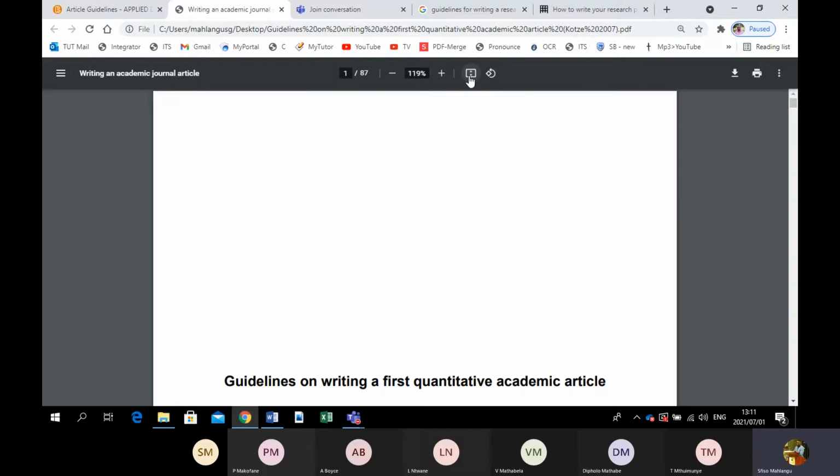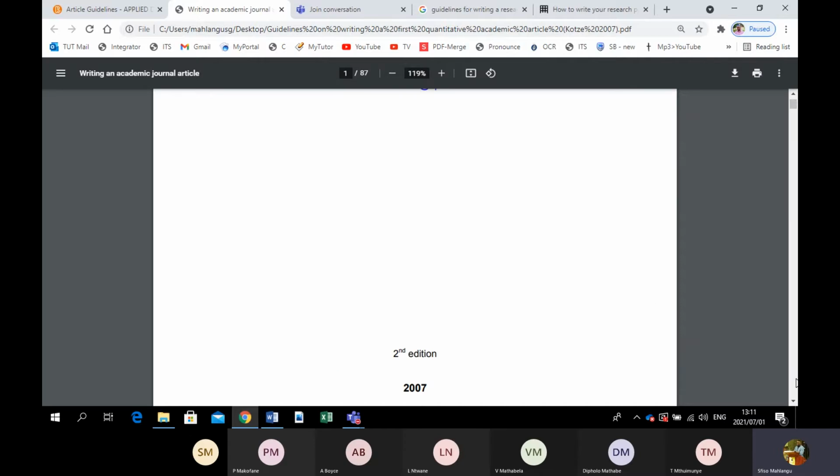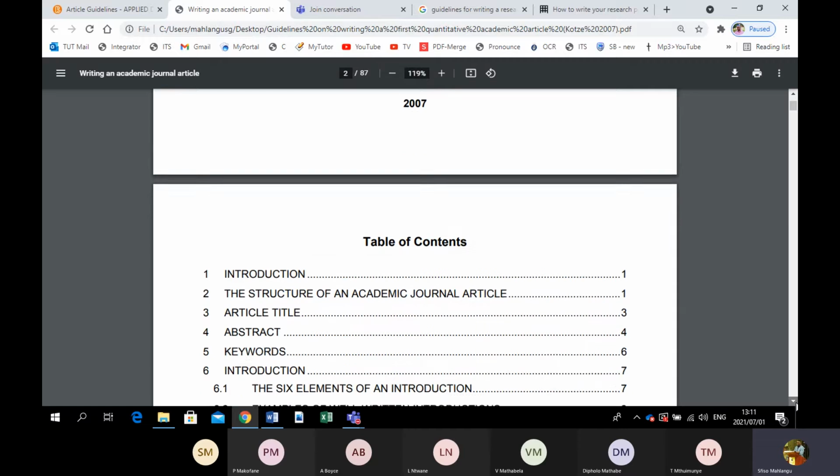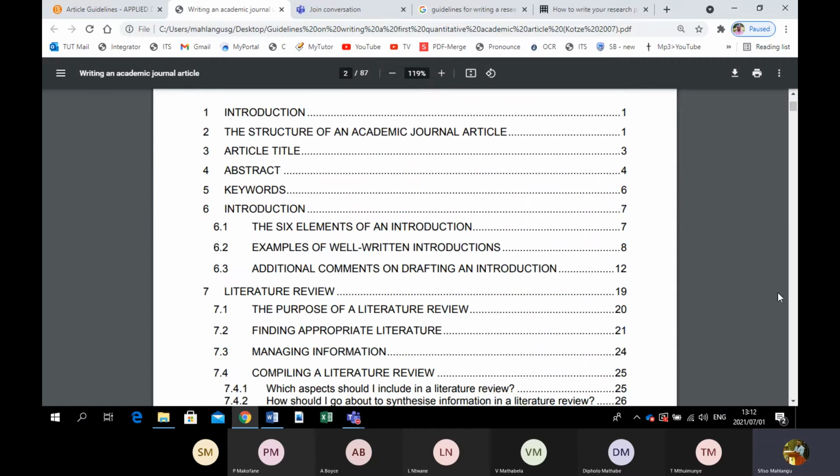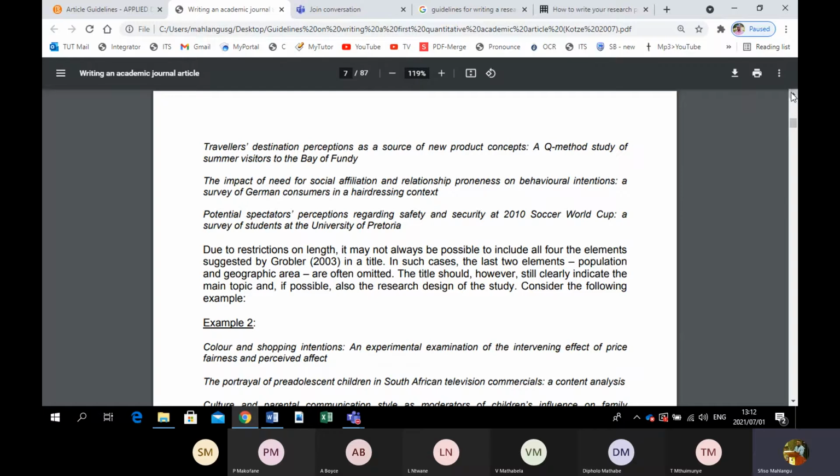it's about 87 pages, but we're not going to go through every page here. You're just looking for the ones that are applicable to the headings. For example, it tells you in terms of the article. Okay, I've clicked by mistake, sorry.